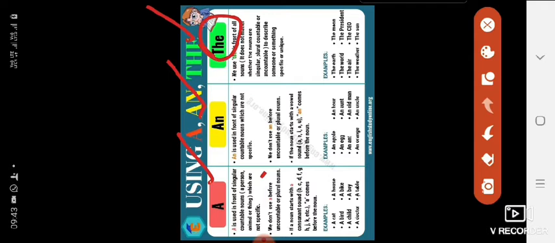So a is used in front of singular countable nouns.